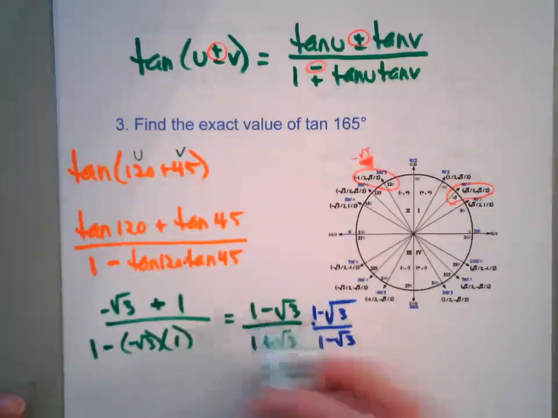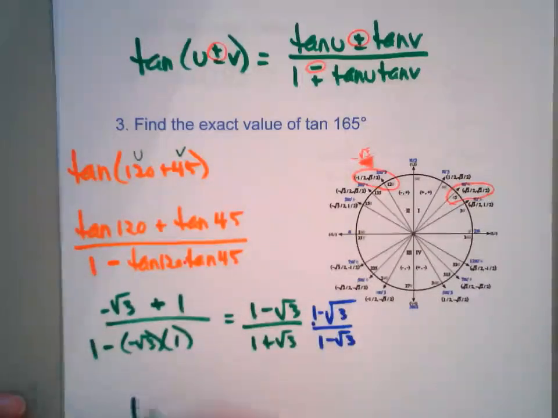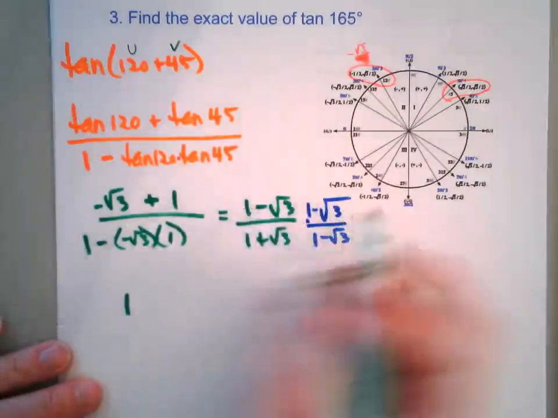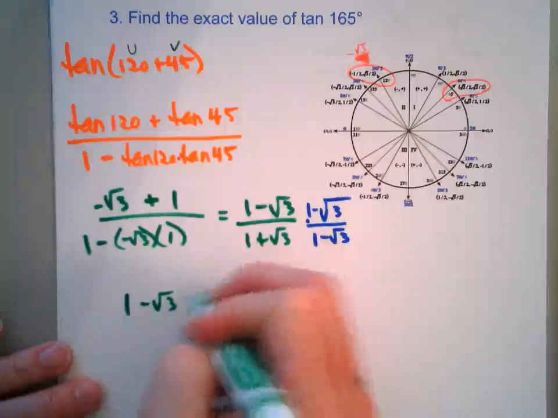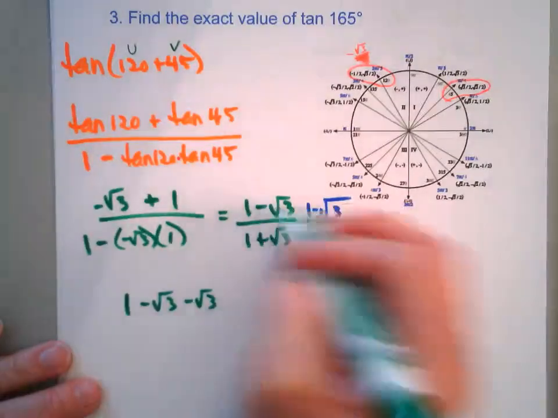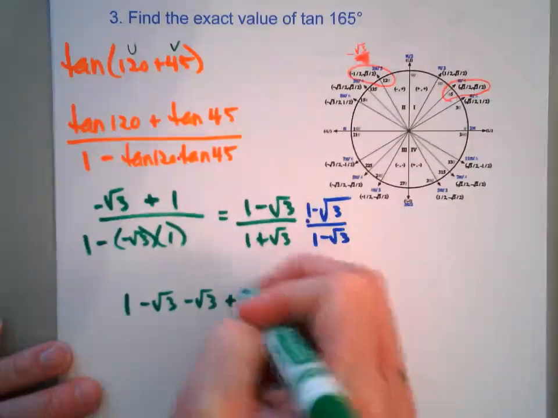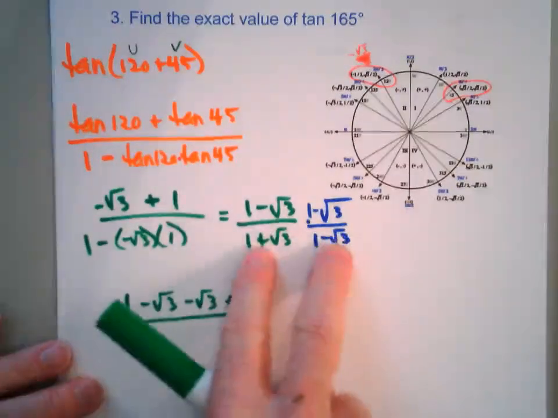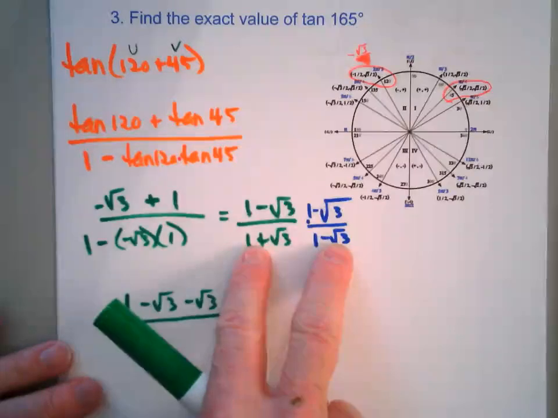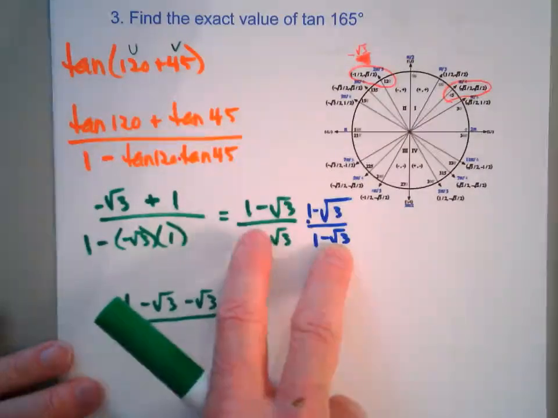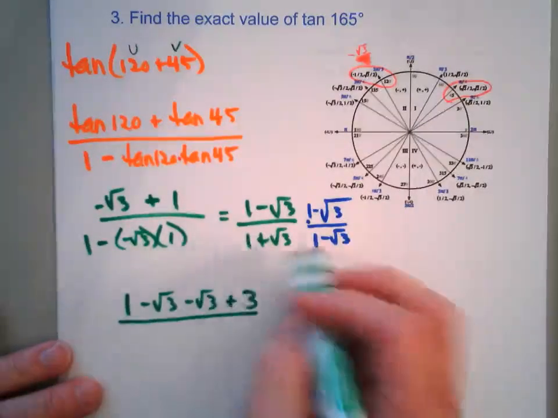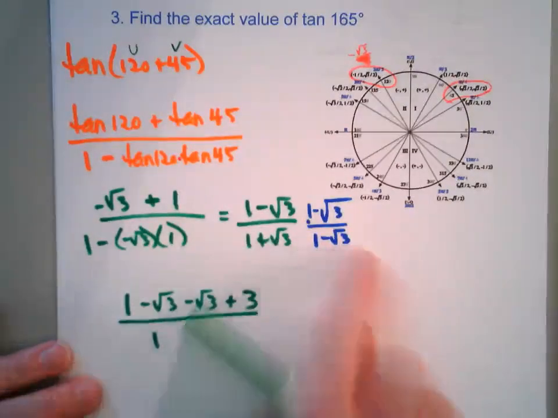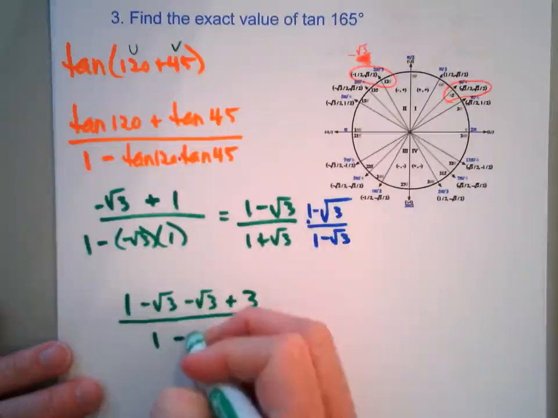And you got to FOIL this out. 1 times 1 is 1. 1 times negative square root of 3. Negative square root of 3, and negative square root of 3 times negative square root of 3 is positive 3. On the bottom, if you remember conjugates, when you FOIL, the O and the I cancel. So really we only have to multiply the F. 1 times 1 is 1, and the L. Positive square root of 3 times negative square root of 3 is negative 3.